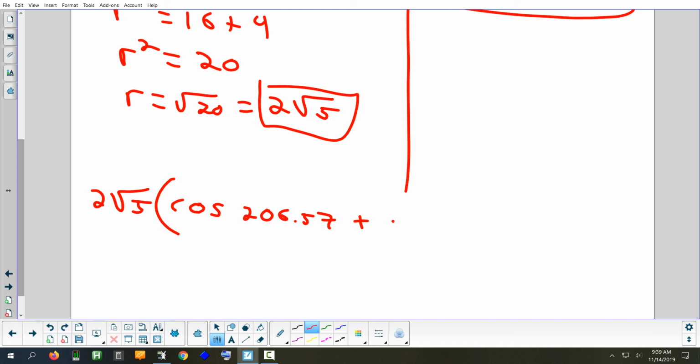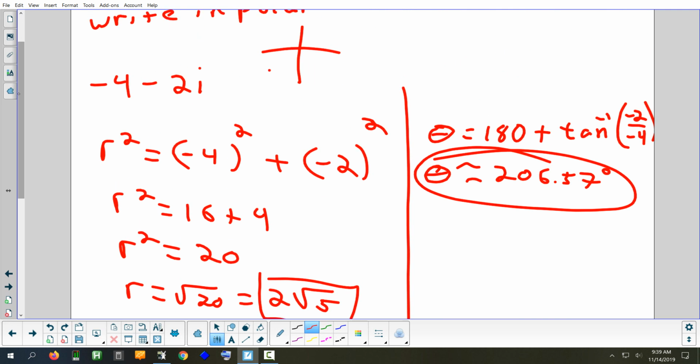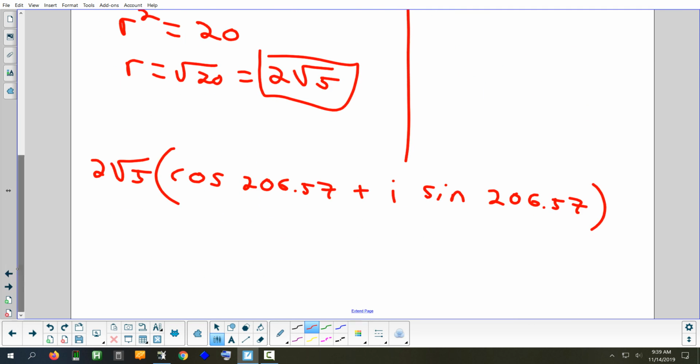I, then sine. And what's it going to be? Sine of the angle. 206.57. Now, if you checked this one by distributing it back out, you probably wouldn't get -4 and -2. Probably get like -3.999 and -1.999. That's because this number we rounded. So yeah, that's good. Any questions about that?